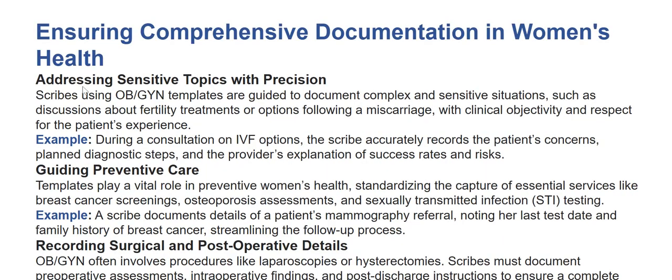Ensuring comprehensive documentation in women's health. Addressing sensitive topics with precision: scribes using OB/GYN templates are guided to document complex and sensitive situations, such as discussions about fertility treatments or options following a miscarriage, with clinical objectivity and respect for the patient's experience.